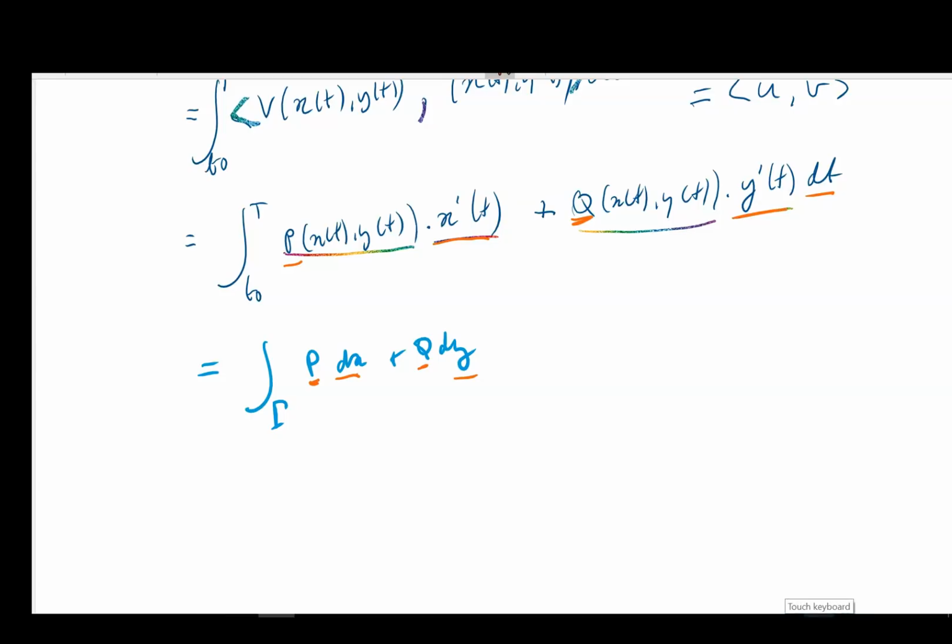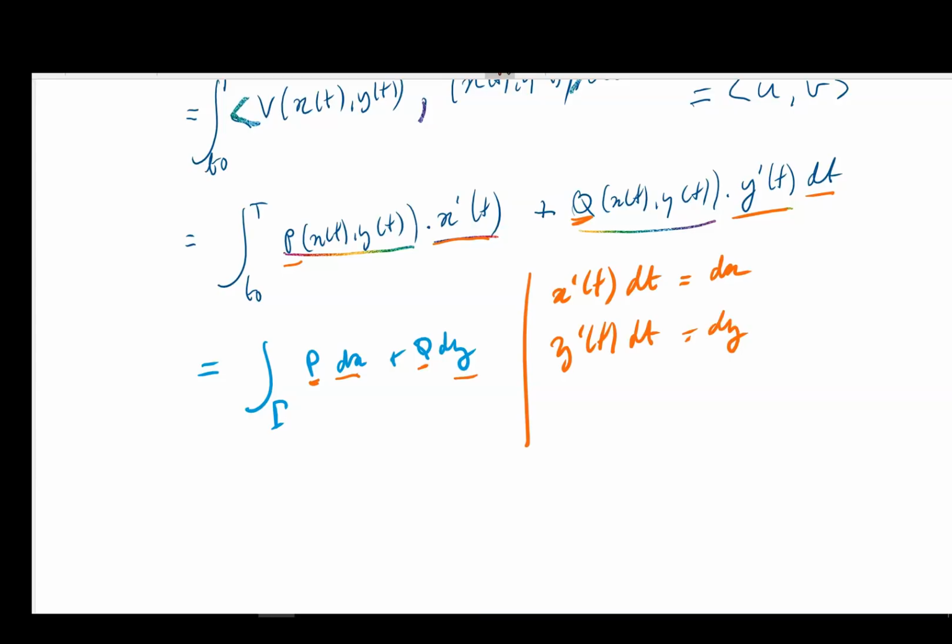So maybe it's worth noting that we indeed have something quite consistent. x prime times dt is dx, and y prime times dt is dy. It's really the chain rule. Actually, dx of t is going to be dt times x prime of t. dy of t is going to be dt times y prime of t.